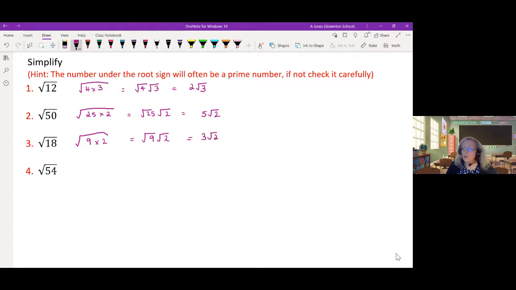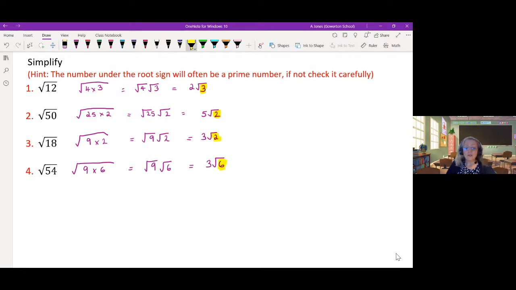And then 54. Now 9 goes into 54 as well. So this one's going to be the root of 9 multiplied by 6. And splitting that into its two parts, I get root 9 multiplied by the root of 6. And that one gives me 3 root 6. And if you look at the numbers we've got underneath the root sign, you can see that we've got prime numbers, but actually 6 isn't a prime number.